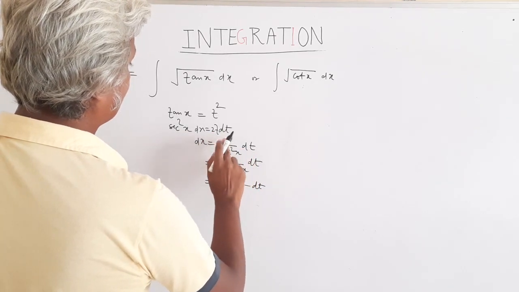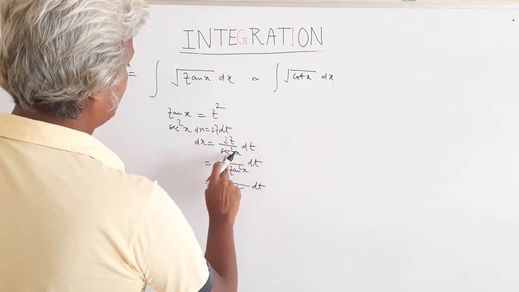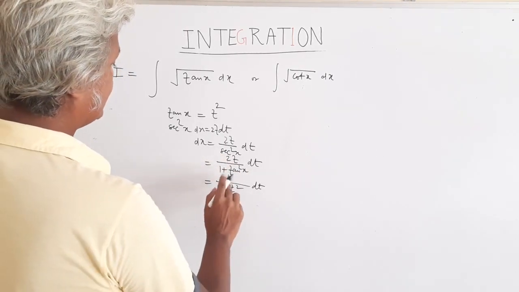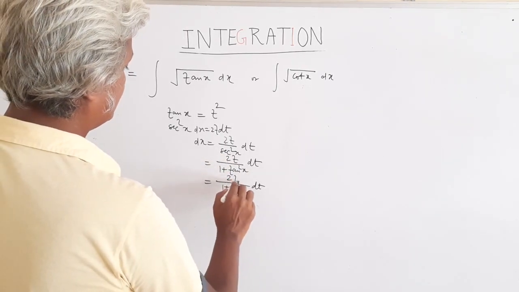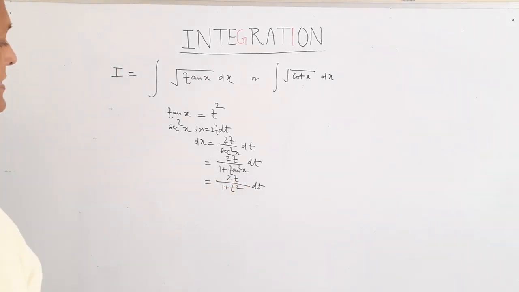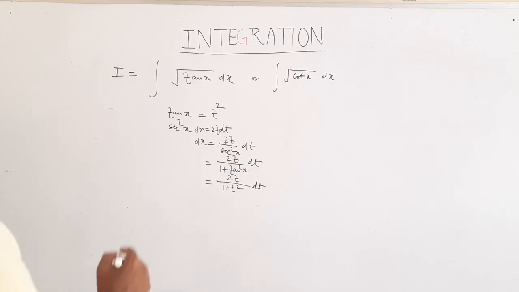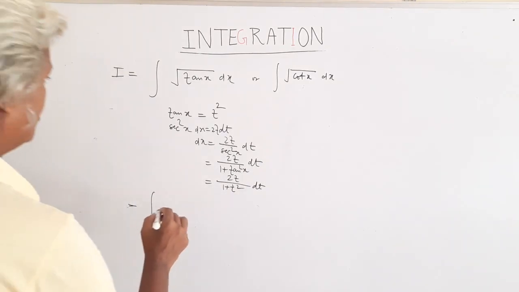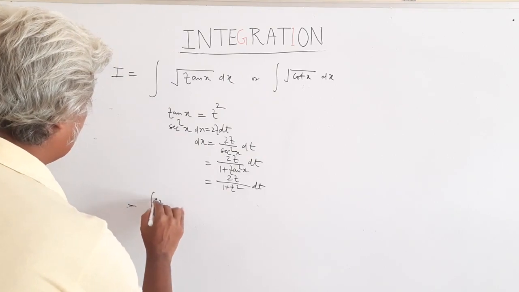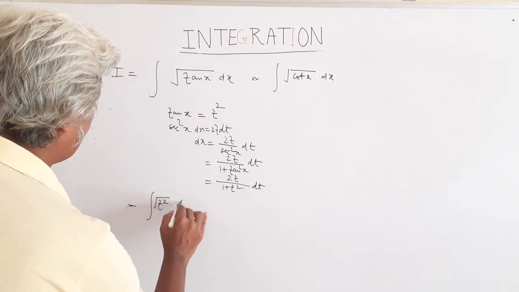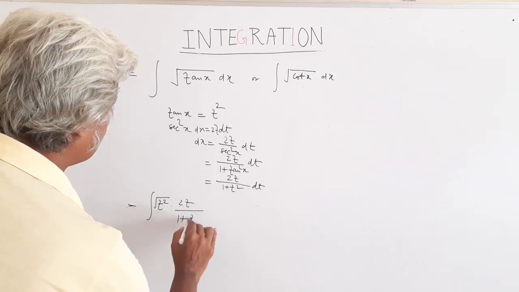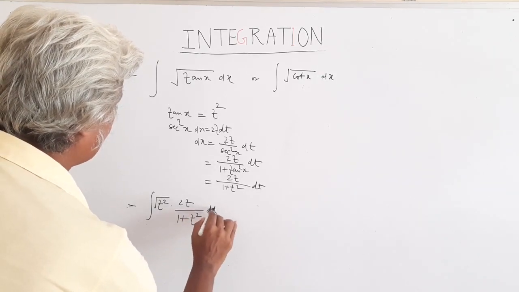So there I write again 2t. Here you write 2t dt, and then this is 2t upon 1 plus t square dt, and now our form becomes I is integration root t, that is under root t square into t root t upon 1 plus t square dt.